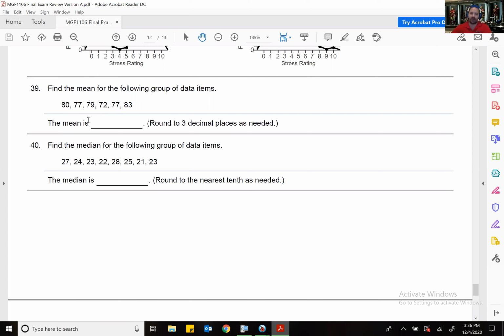We could do this by hand, but I'm going to show you how the calculator will work too, because there's some information I want you to be able to do in the calculator for standard deviation, because I don't want you to find standard deviation by hand. So you take 72 plus 77 plus 77 plus 79 plus 80 plus 83. Add all that up and divide by 6.